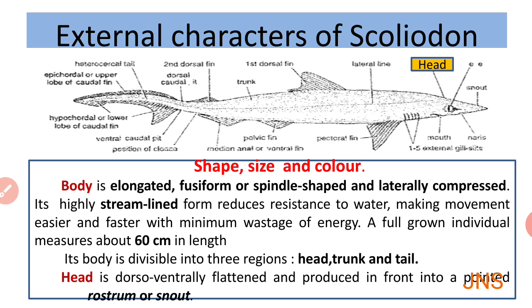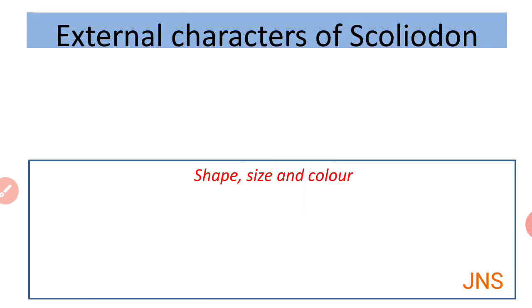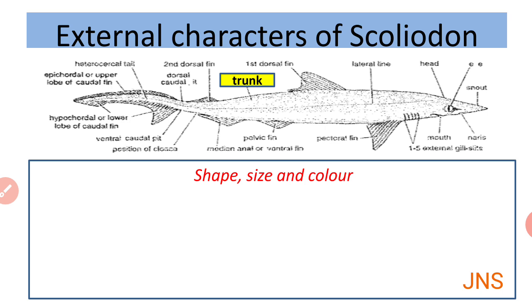The head is dorso-ventrally flattened, and in front of the head there is a pointed structure called the rostrum or snout. The anteriormost part of the body is called the snout, which is also the anteriormost part of the head. This is the snout.